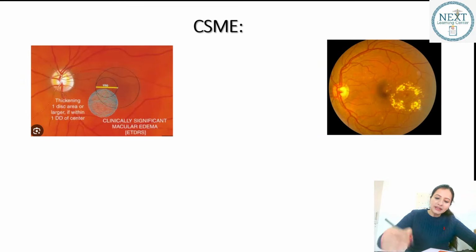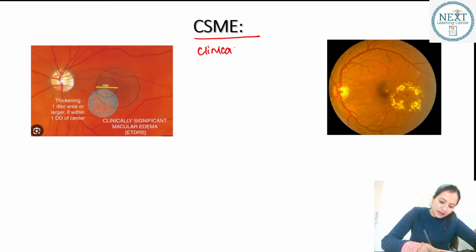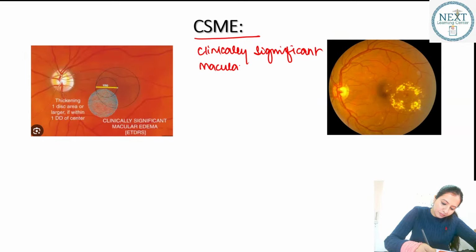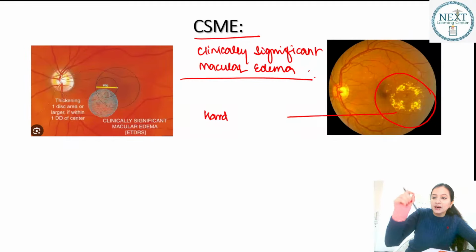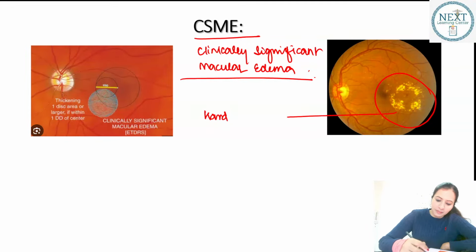Then if you look at CSME, it is clinically significant macular edema. This is how it looks. What are you going to see? You are going to see these yellow dots around the macula known as hard exudates.